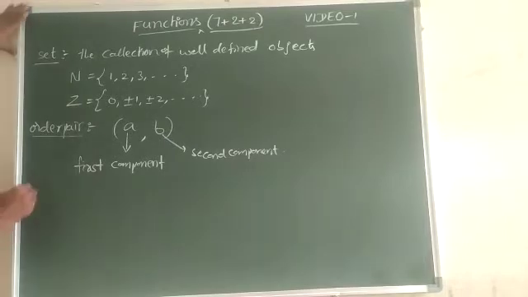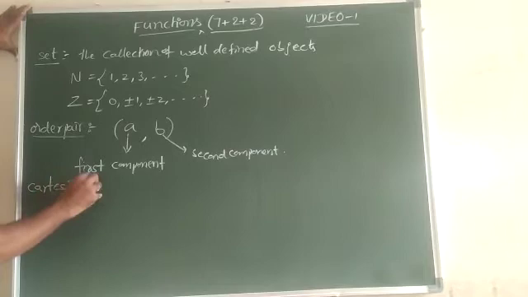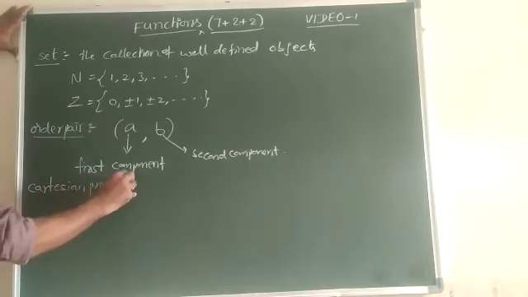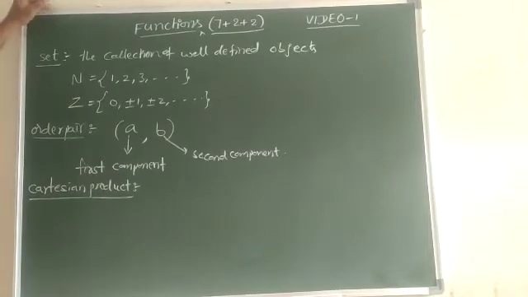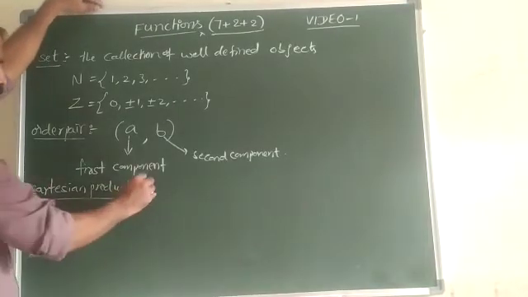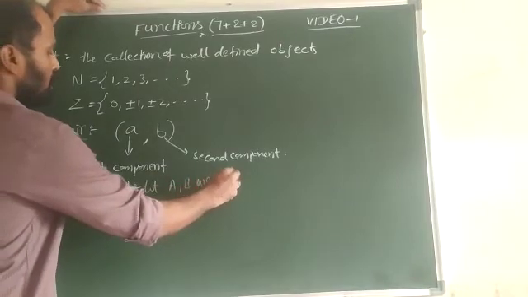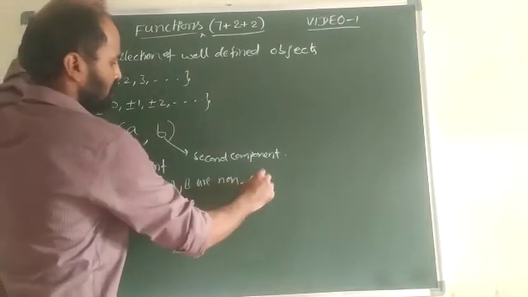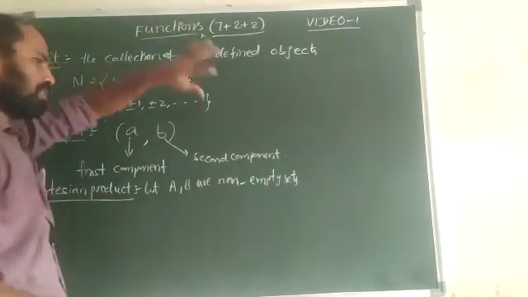Next one is the Cartesian product. Now, what is the definition of the Cartesian product? Let A, B be two non-empty sets. That means in A and B we have some elements.